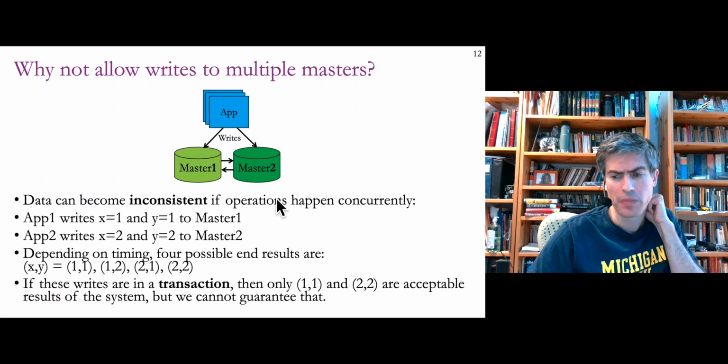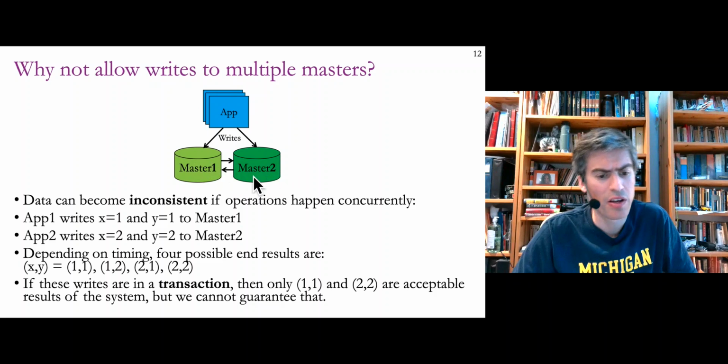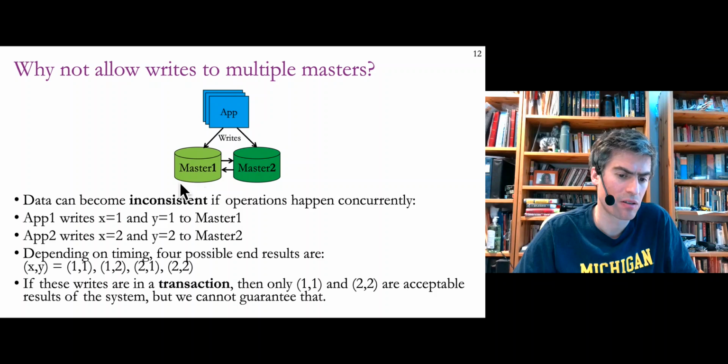Although we split our writes across the two masters, every one of these masters has to eventually receive all of the writes. So they might as well have just come in directly from the application. The fact that the second write comes in through replication from master 2, like this path here, doesn't change the fact that master 1 is still handling all of the writes.